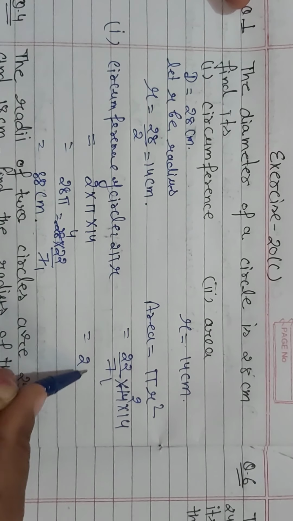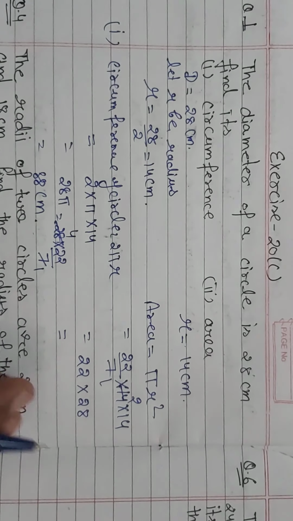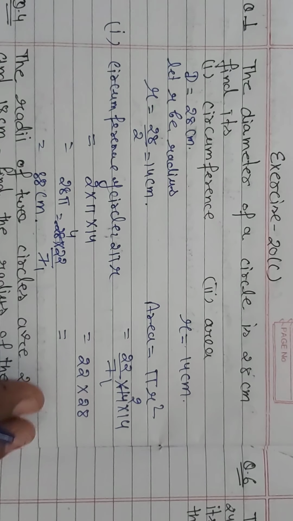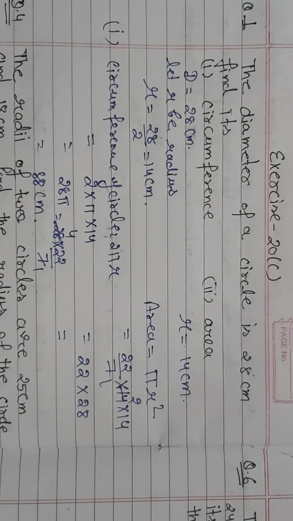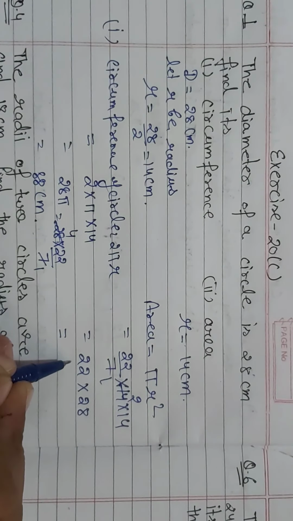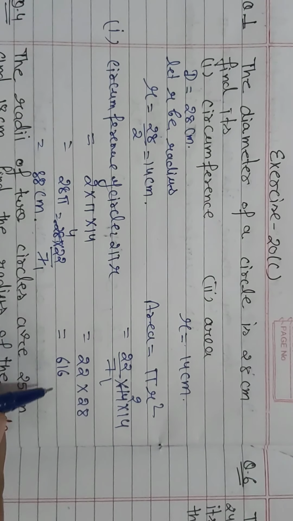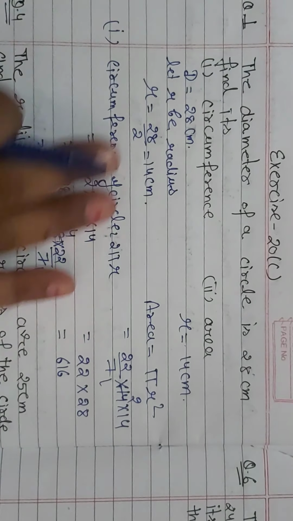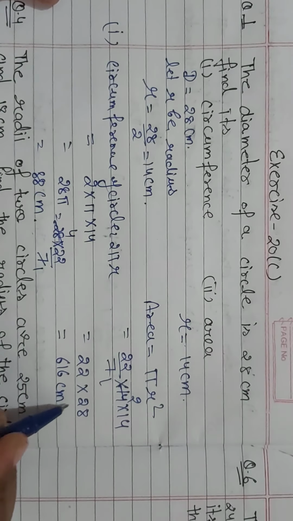Then we multiply 22 with 28, and this multiplication equals 616. This is the area, and the unit of area is square meter or square centimeter. The radius is in centimeter, so the area equals 616 square centimeter.